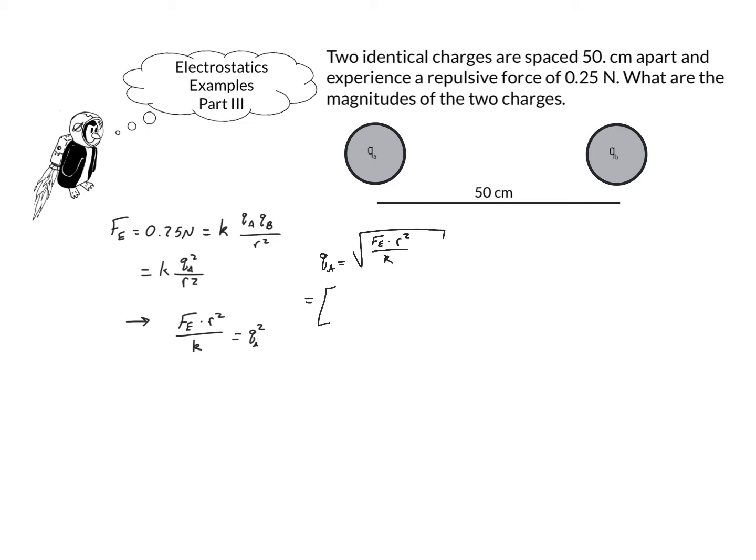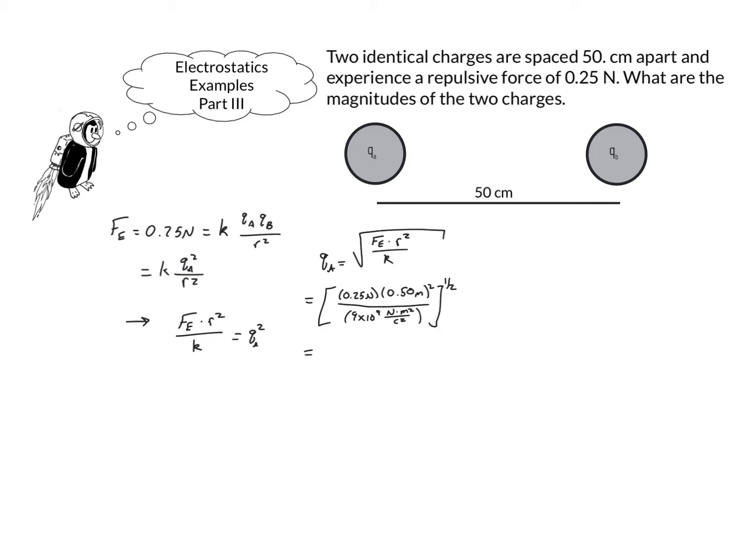Plugging in some numbers, we have 0.25 newtons times 0.50 meters squared. Notice I converted to meters. All over 9 times 10 to the 9 newtons times meters squared per coulomb squared. All of this to the 1/2 power because it's a square root.